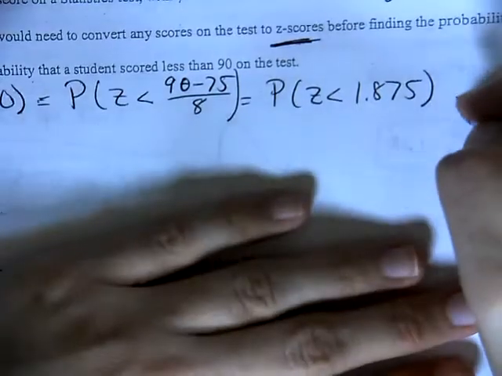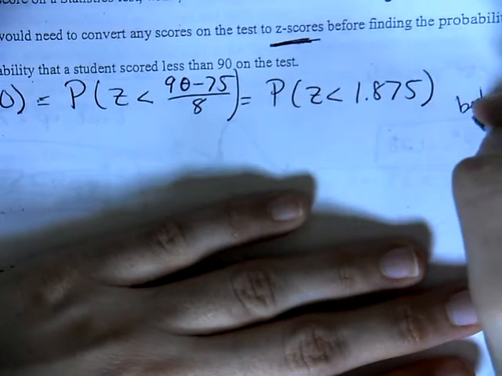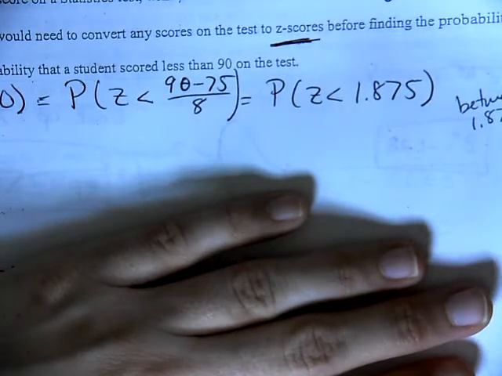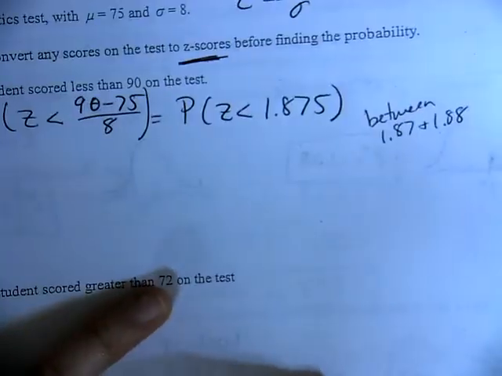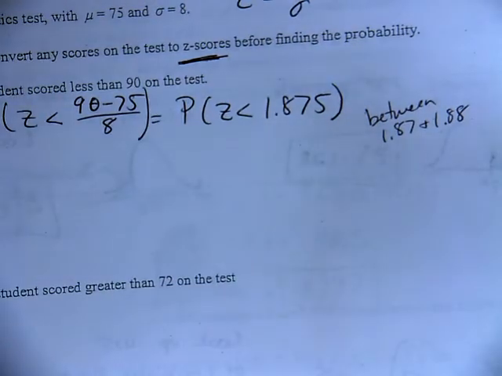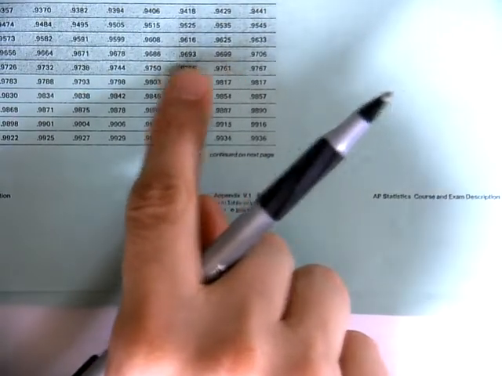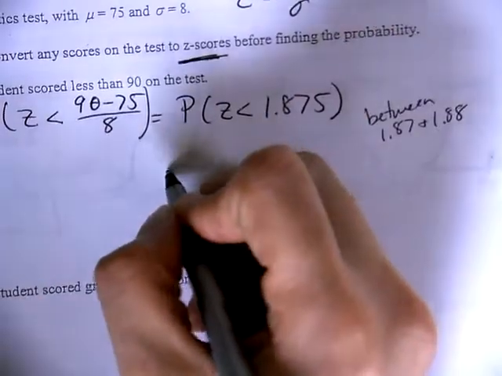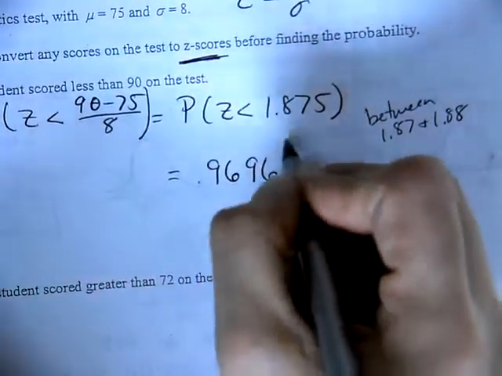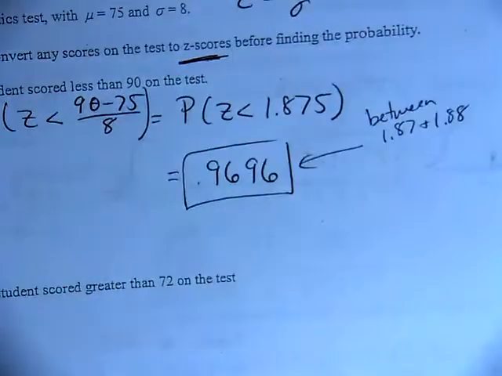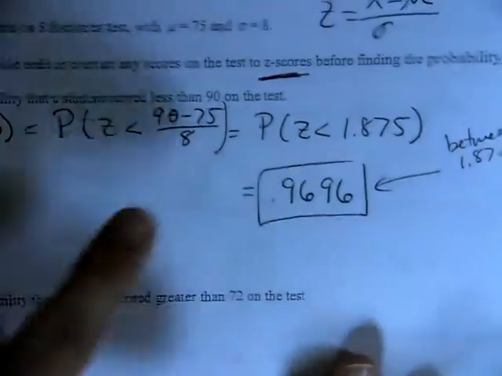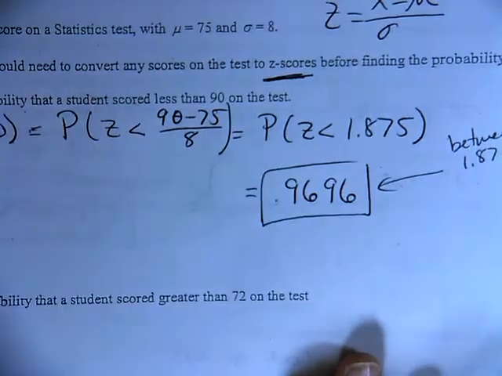What I'm going to look up is between 1.87 and 1.88. I just don't feel comfortable rounding up, especially if it's 0.5. So if I go to positive 1.87 and positive 1.88, I get 0.9693, 0.9699. So easy to take the average, 0.9696. So we're just adding in that step of finding the z-score.